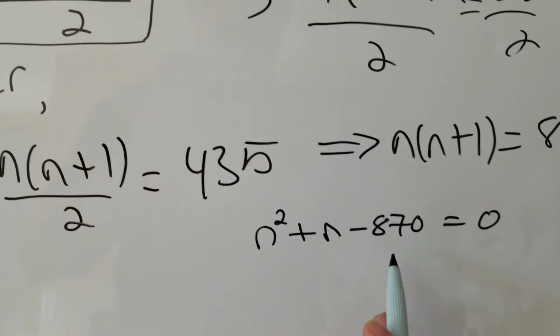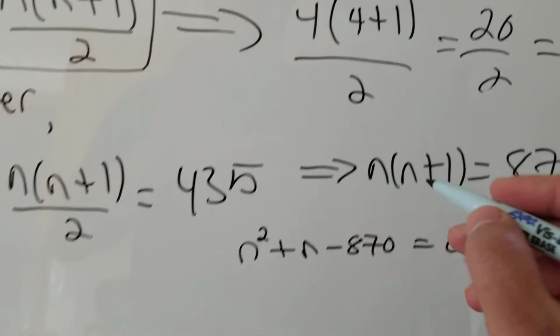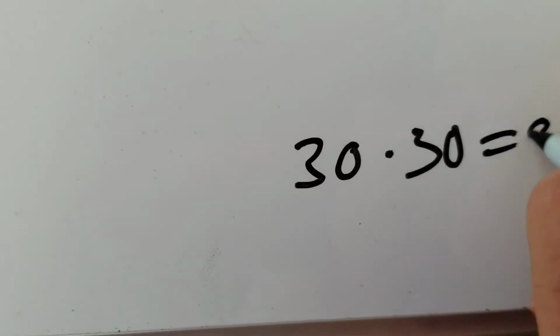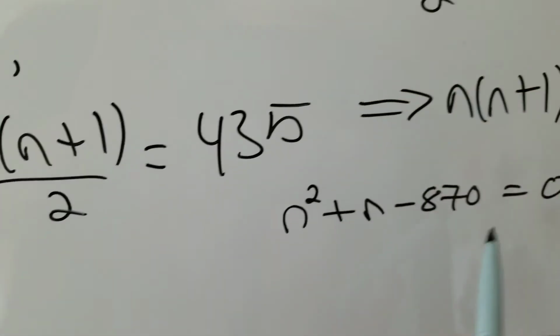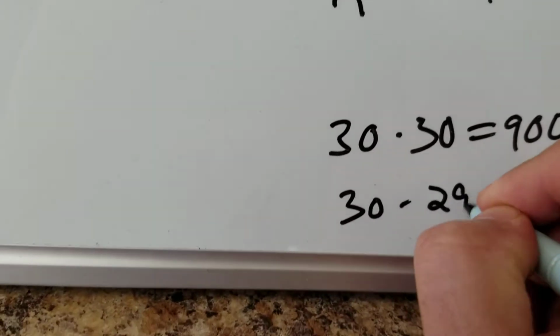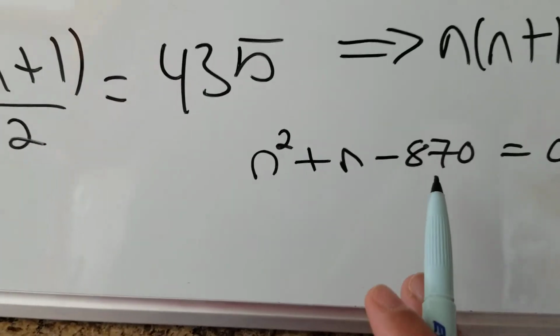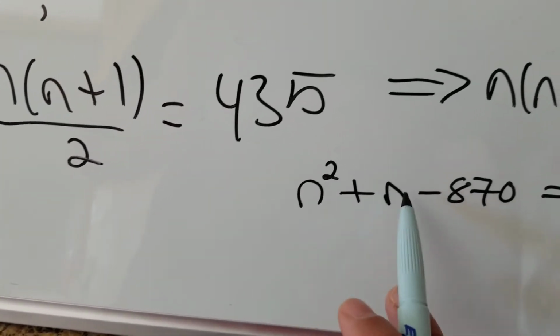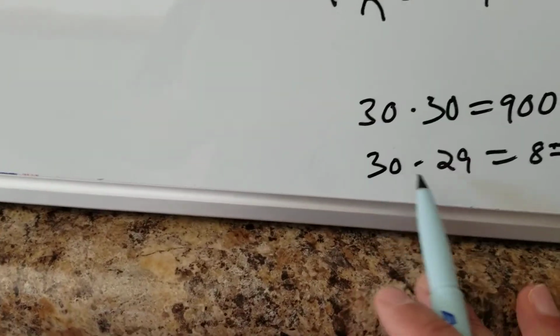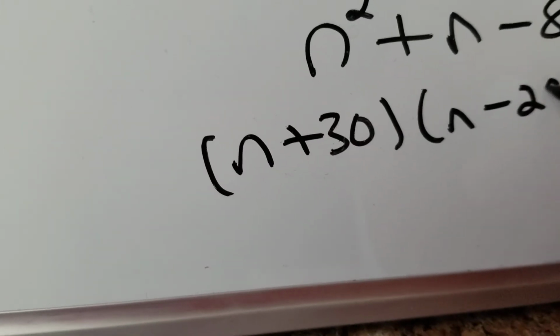Or this just so happens to factor nicely, because if we think, let me just go off to the side, 30 times 30 is 900, which is 30 more than what I want. So 30 times 29 equals my 870. Now it needs to be negative, and my middle term needs to be positive. So that right away tells me that this factors to n plus 30 times n minus 29.